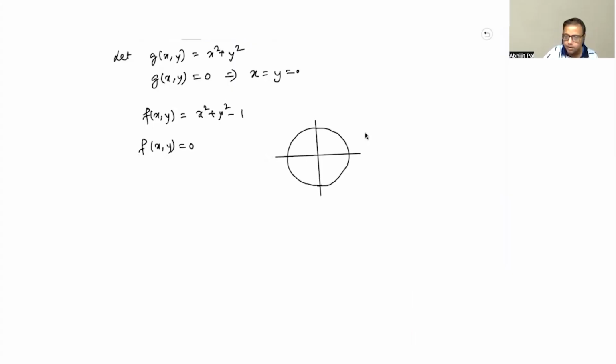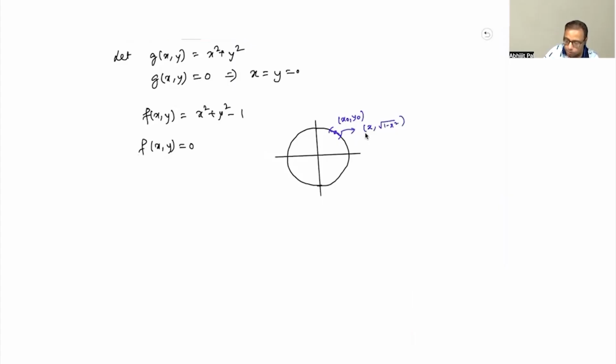If I take any point on this unit circle, let us call it (x0, y0), where x0 and y0 are both not equal to 0, and take a small portion around it, any point here can be written as (x, root of 1 - x^2).